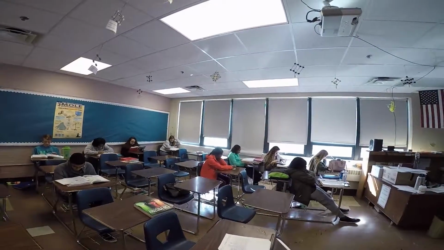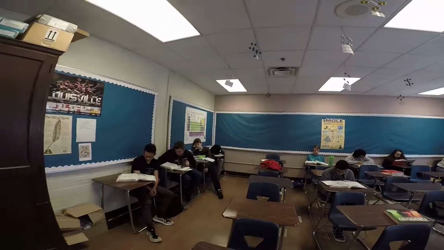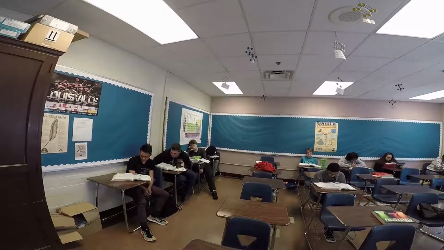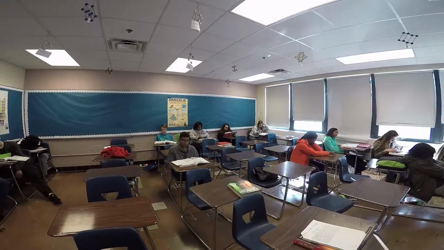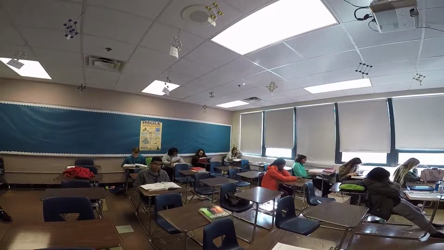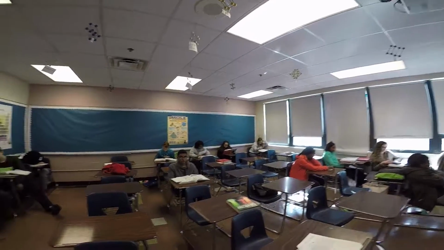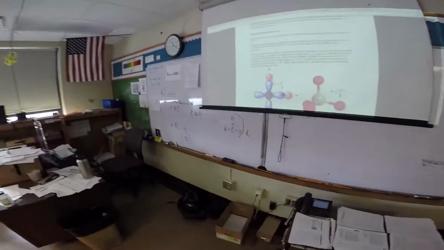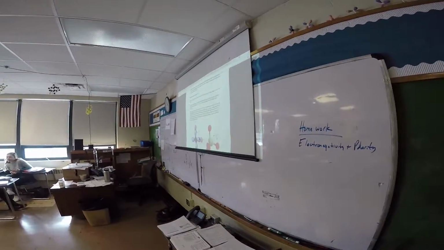What bond character is 0.96? It's between 0.4 and 1.7, which is Sierra? Polar covalent. Very good.